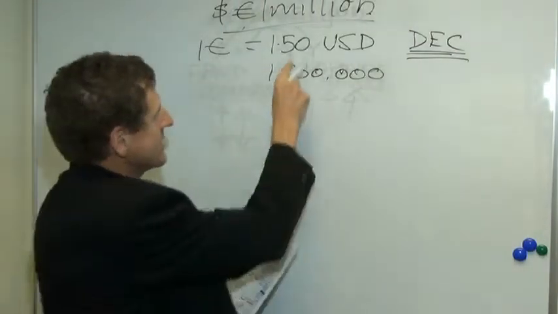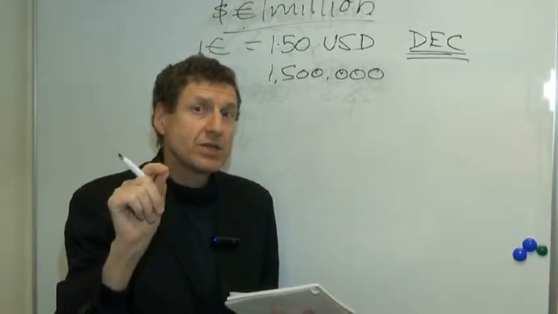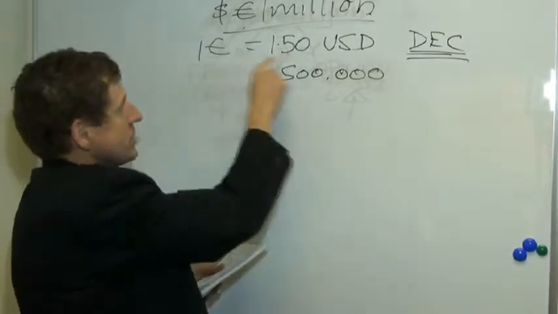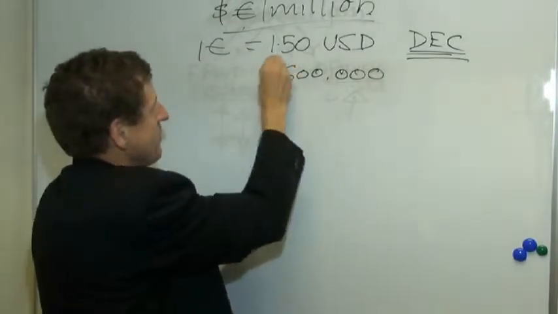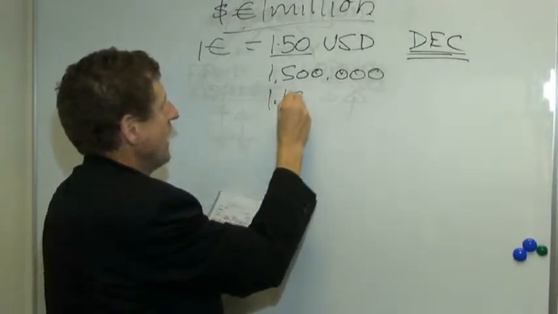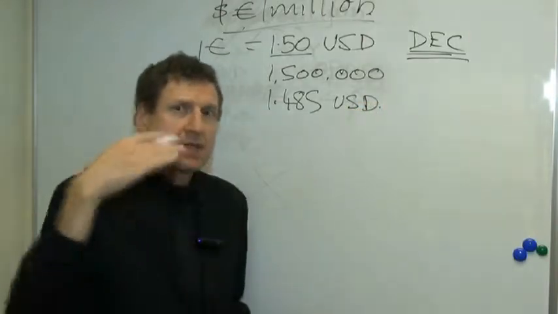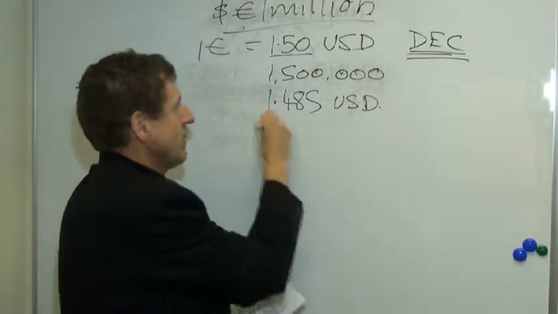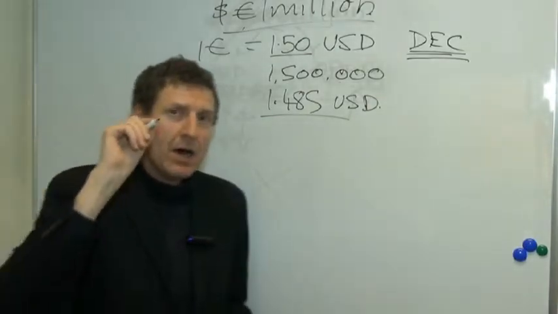Now, at the time of that sale, the actual spot rate is 1.5 US dollars to 1 euro, but the forward rate in 3 months' time is 1.485 US dollars. That's the 3-month forward rate: 1.485. Now think about it.